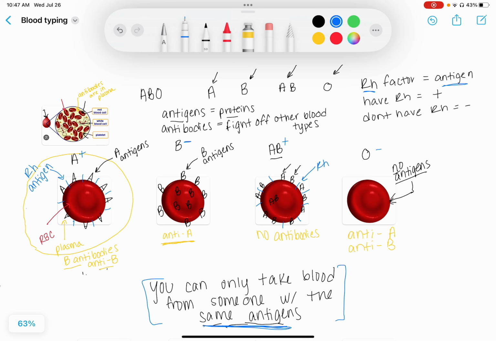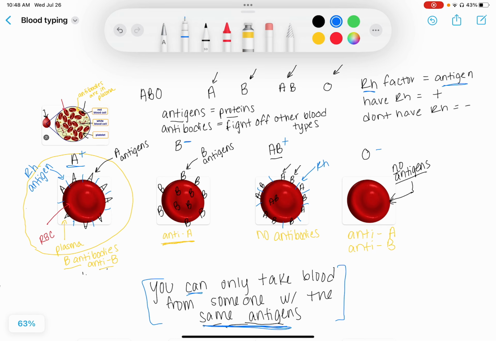So what that means is that someone that is A positive can take blood with the Rh antigen. They could also take a negative blood type because that blood isn't introducing a new antigen.